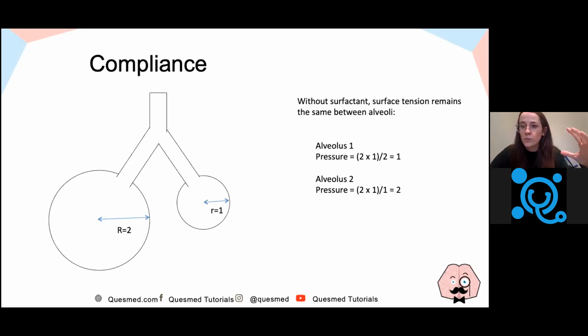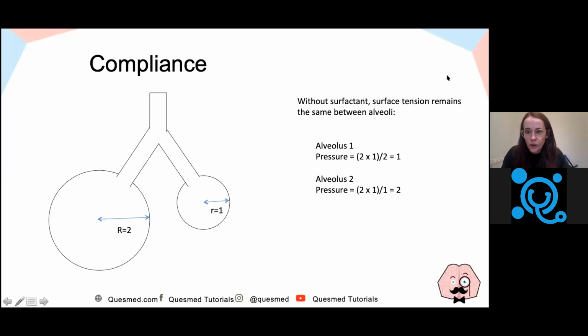As we continue to blow that up, the balloon becomes more compliant. We get a bigger change in volume for the amount of pressure that we're putting in by blowing. And then eventually the balloon becomes really distended, about to pop, and it ends up being a lot of effort to then increase that balloon by further volume because the elasticity of the balloon is kind of at its limit, really.